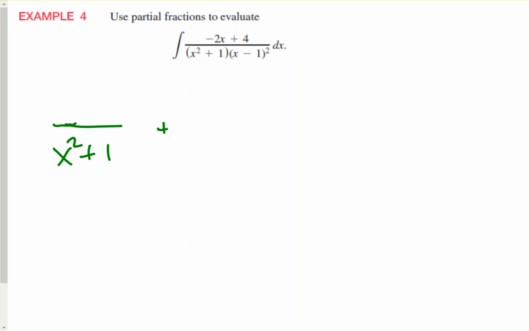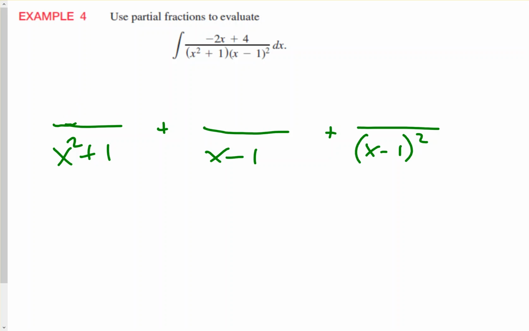So we're going to put x minus 1, the plain version, and then x minus 1, the squared version. Now, one thing you have to note, whenever you do this with your denominators, the numerator has to be 1 degree less than your denominator. So here, this denominator of x squared plus 1 is a quadratic, right? Degree 2. So the numerator here is going to be a degree 1.